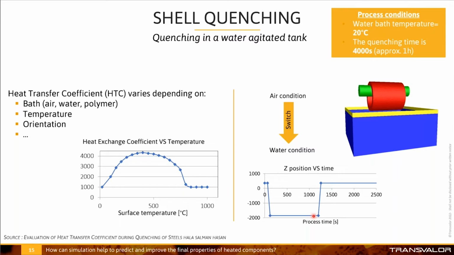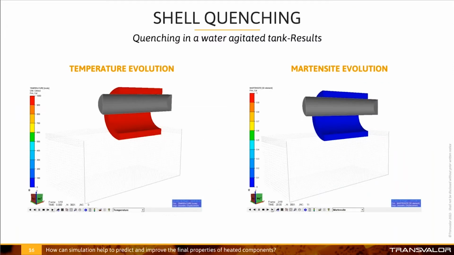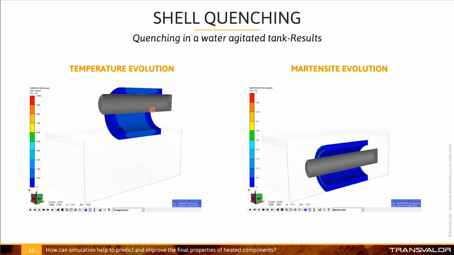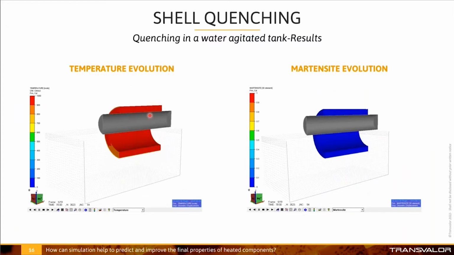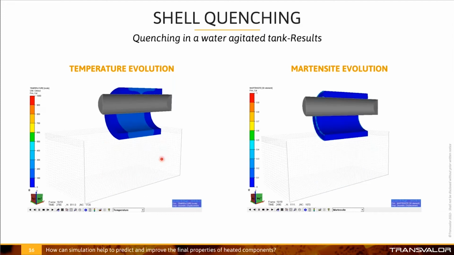Please note that the heat transfer coefficient can vary; it can be a function of the x axis or y axis, depending. Here, for example, we take it as a function of the z axis. It can be a function of time as well. By using these parameters, we see here how the temperature will decrease when we are in the water tank.